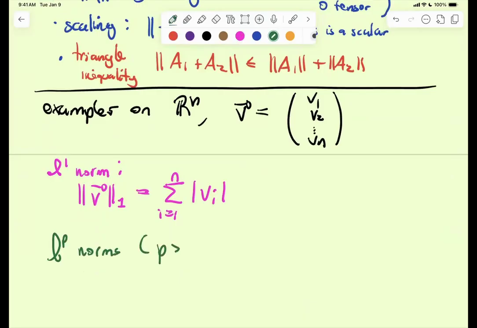Here p is a positive number greater than one, and the LP norm of a vector is the pth root.